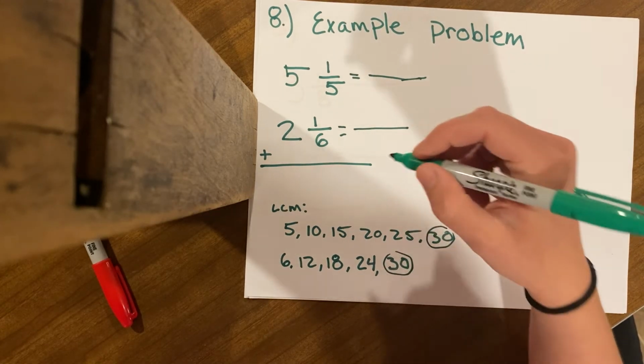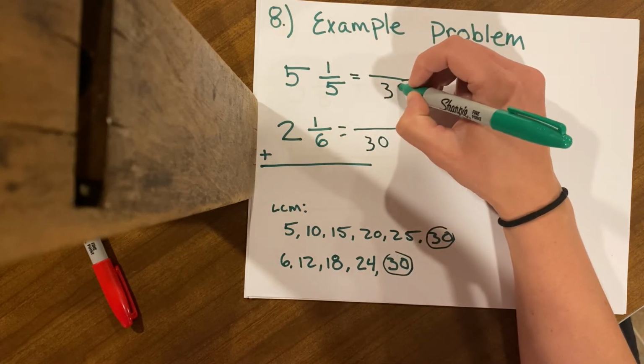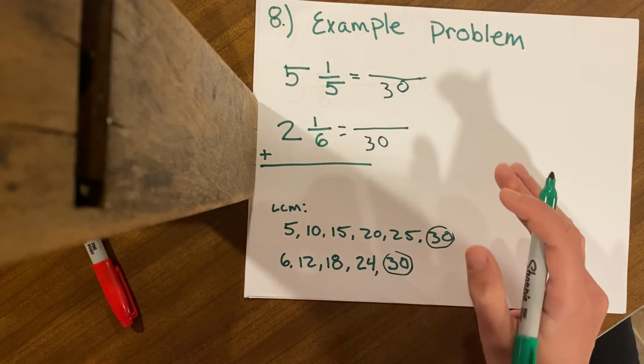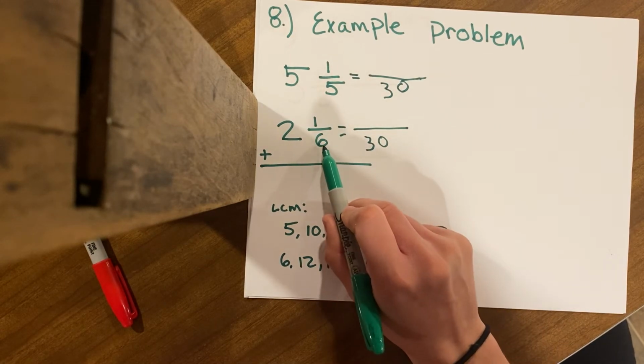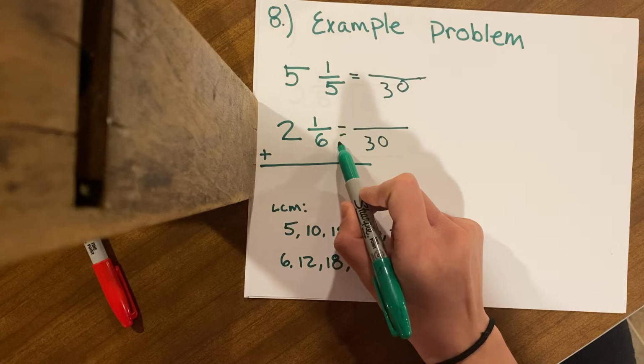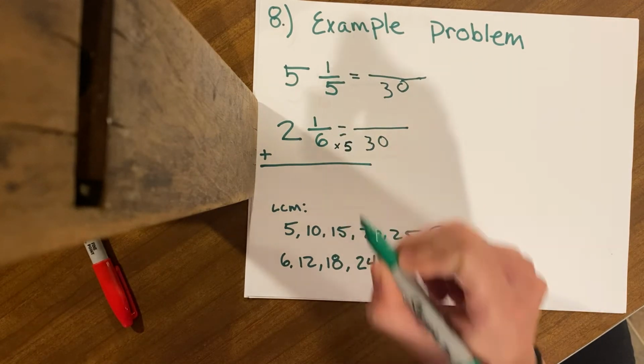So that's going to become our denominator. Okay. Now what you're going to do is same process. 6 times what gives us 30? We know 6 times 5 gives us 30.